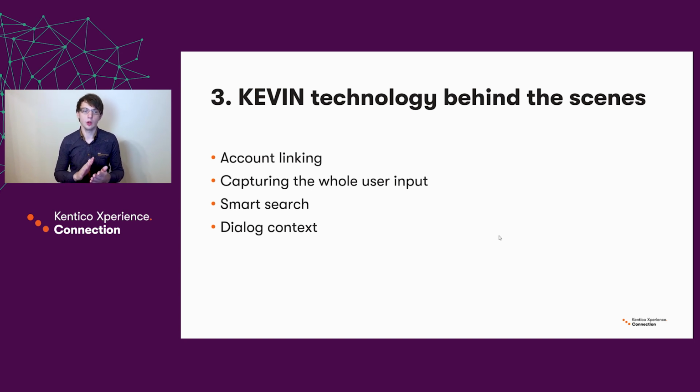We actually wanted Kevin to be as easy to set up as possible, and smart search is a feature that is available out of the box. This means that you do not have to install or create some artificial intelligence services for speech recognition or voice command matching on the cloud.